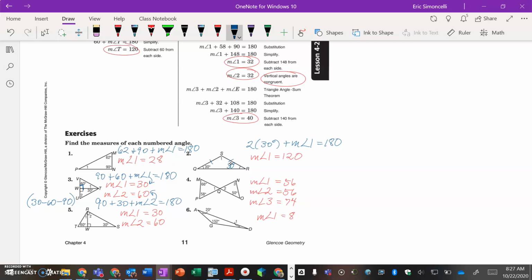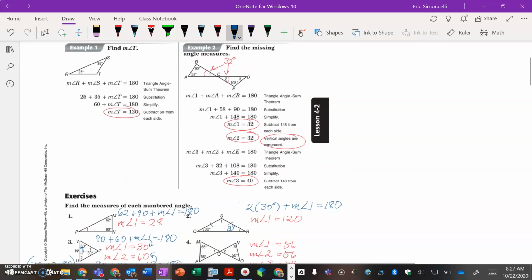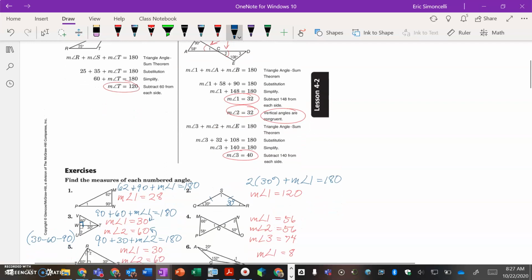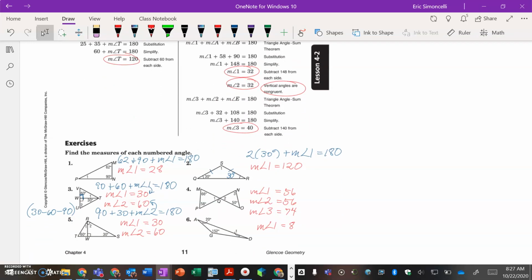Number 4, in a matter of speaking, kind of looks like example 2 from up above, where you have vertical angles to assess. So right away, I would argue you can mark that angle 1 and angle 2 are in fact congruent. I would also argue that the triangle on the left needs to be assessed first.